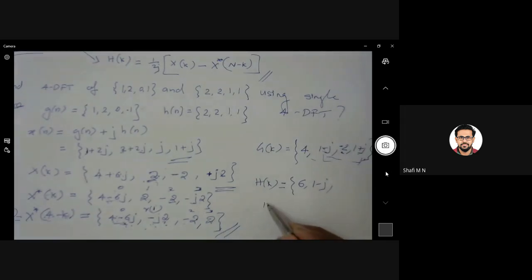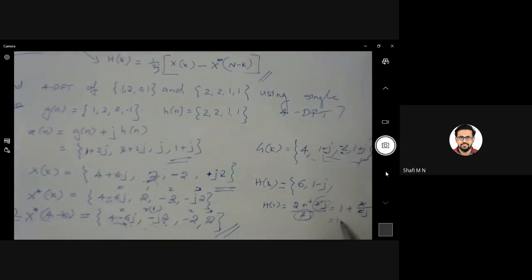I'm talking about h of 1. H of 1 equal to this is 2 minus 2j. Minus of minus will become plus, divided by 2j. So 2j divided by 2j will be 1, plus 2 by 2j. 2 will get cancelled. 1 by j is minus j.